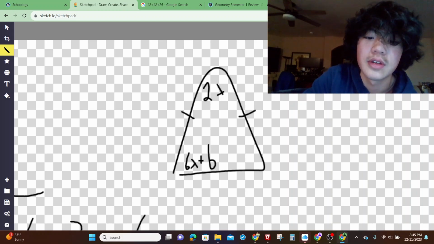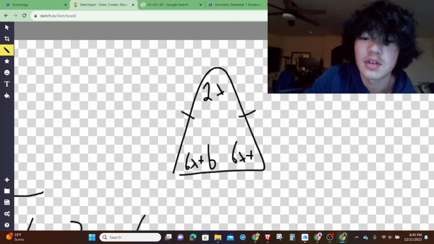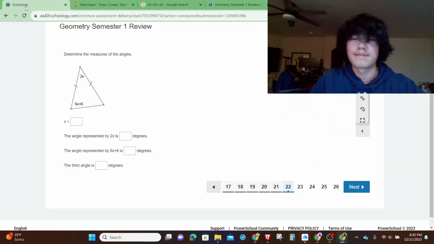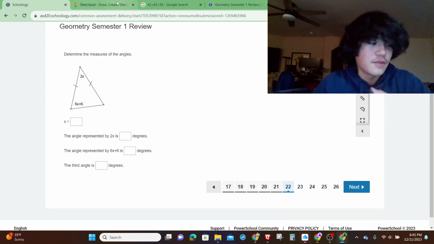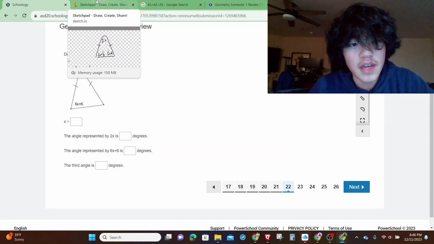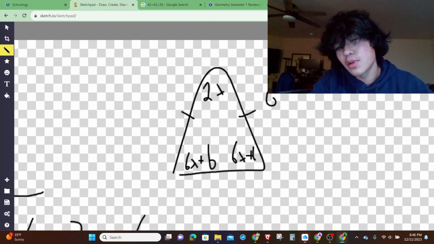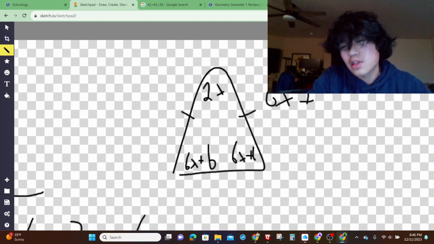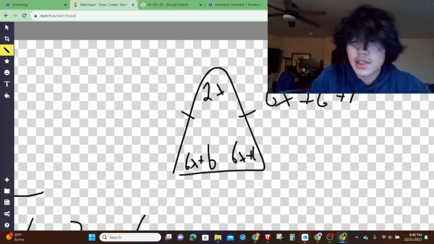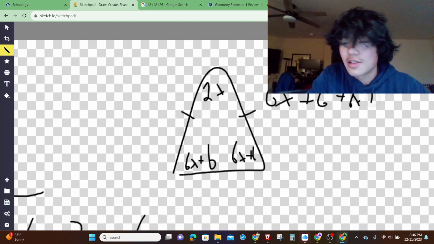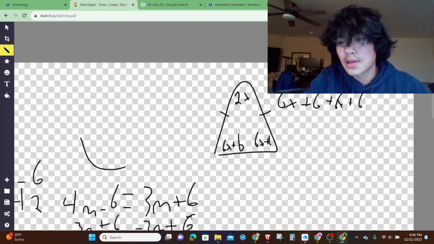We can also put 6x plus 6 right there. Then we need to find the value of x. And all of these triangles is going to equal 180. Remember that. 6x plus 6 plus 6x plus 6 plus 2x.